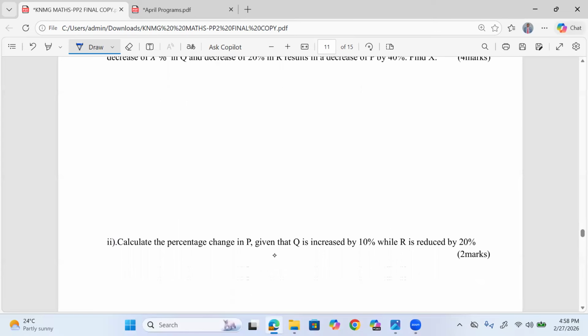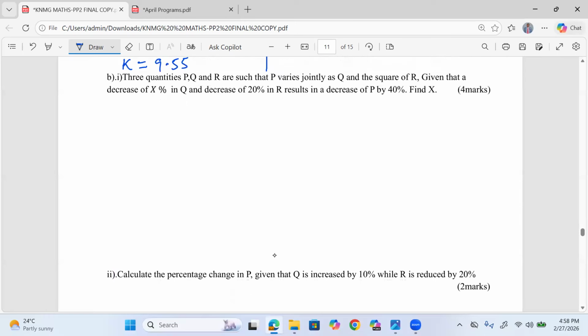So please allow me, because part B, Roman 1 and Roman 2 are the same, only that the unknown is changing. We are already given the percentage change.